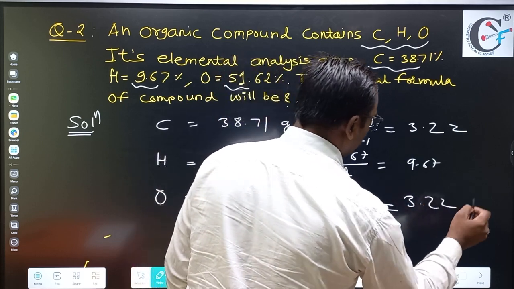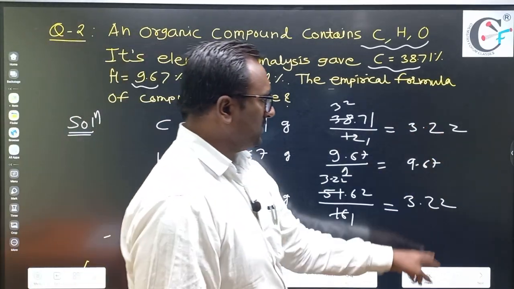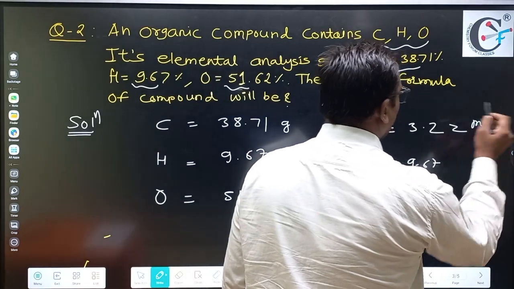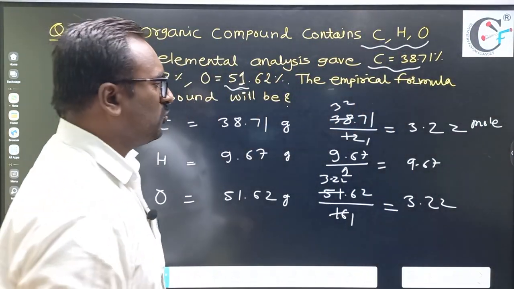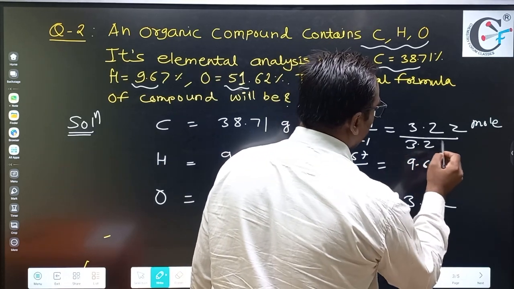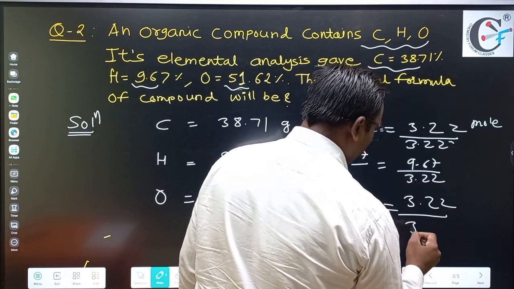It means that we are getting these moles, these are nothing but moles. Now take the relative ratio. So the lowest possible number is 3.22, so divide by 3.22 each.